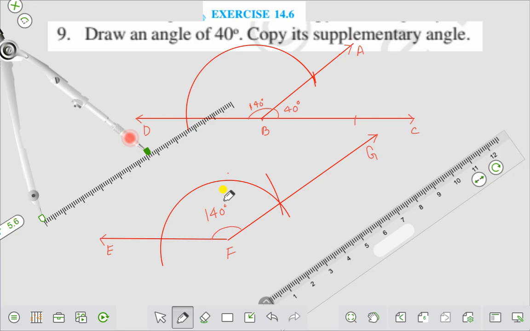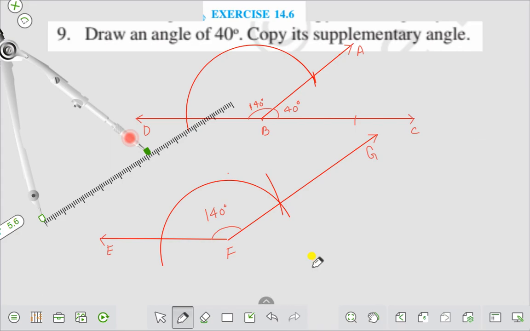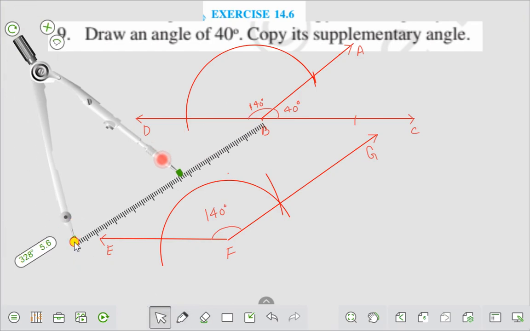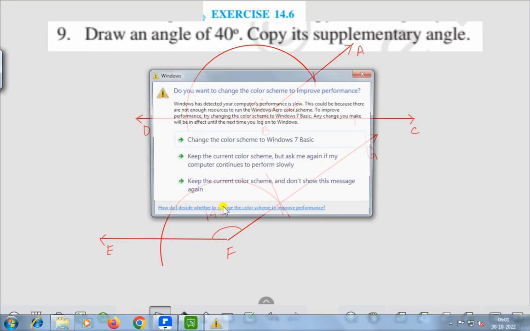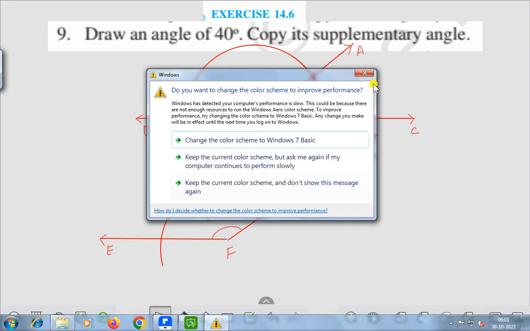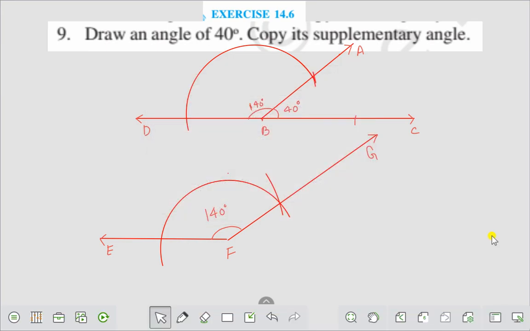Now we remove this ruler and this compass. Now you see, this is the exact copy of angle ABC.